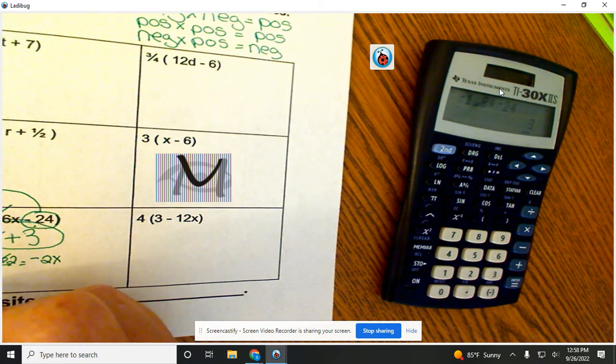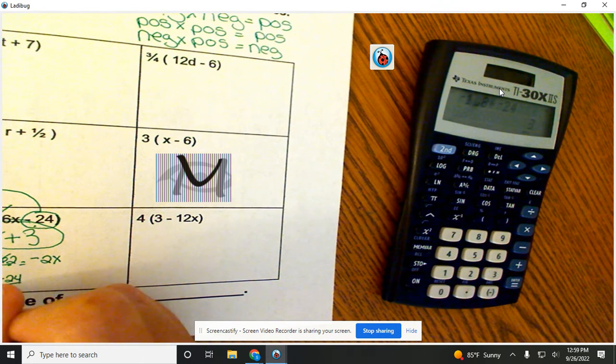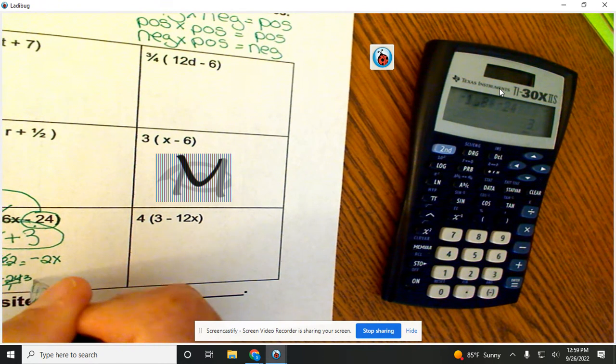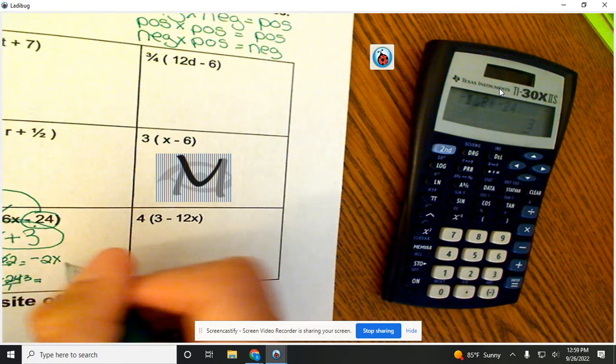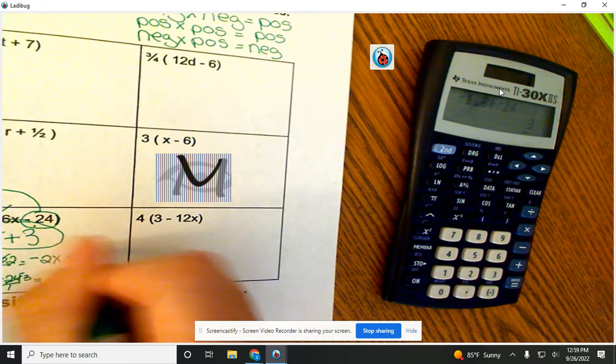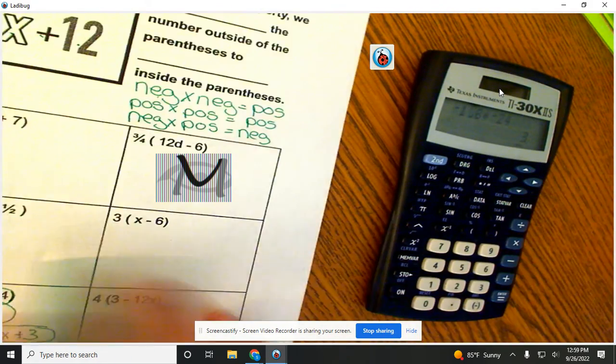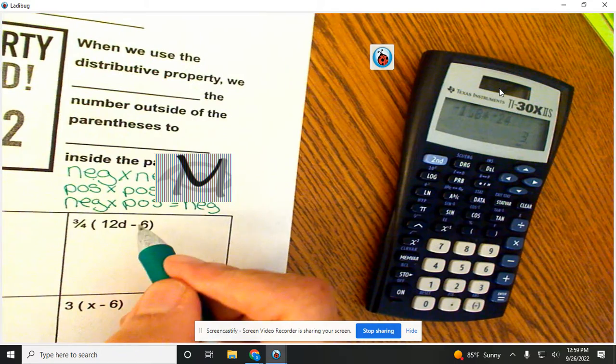And we can do it again over here with negative 1/8 times negative 24 over 1. We can simplify it, and that will again give us our positive 3. So either way that you wish to do it, you may do so, and it's going to still give you negative 2x plus 3.